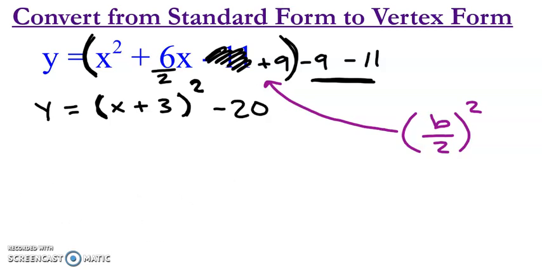So now I have y equals x plus 3 quantity squared minus 20, and that tells me that the vertex with this equation is negative 3 comma negative 20. Okay? All right, let's look at one more example.